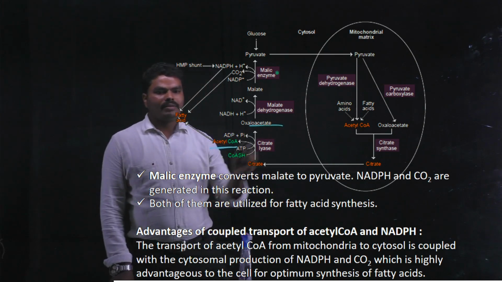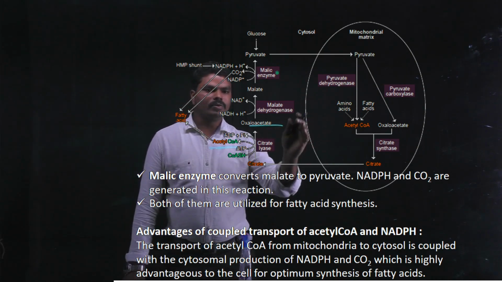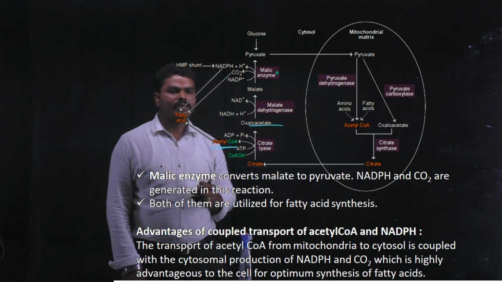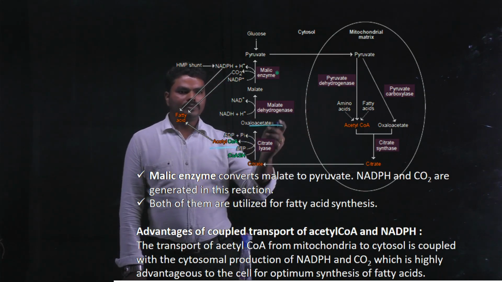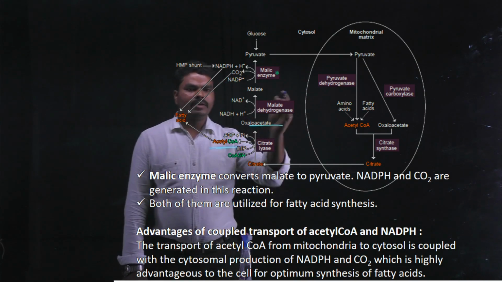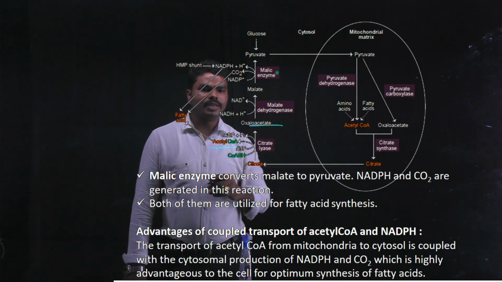Okay, and this oxaloacetate will be converted to malate by the enzyme malate dehydrogenase. After this it will be converted again to pyruvate by the enzyme malate enzyme.